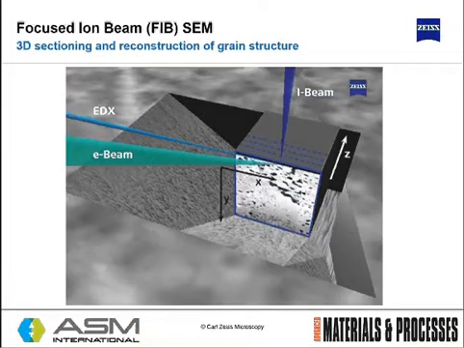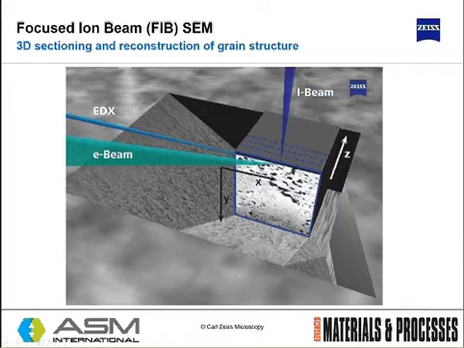Let's talk now about FIB-SEM, focused ion beams. This schematic shows how this works. Within the SEM, you have the primary imaging beam, the electron beam, which can perform the EDS map of a certain face, a certain plane.